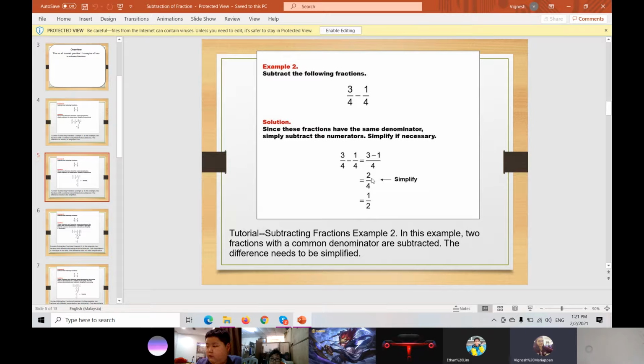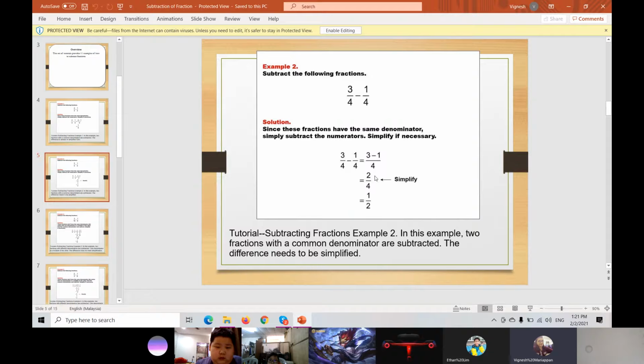Teacher said if the numerator you divide by 1, try writing on a piece of paper. If you divide the 2 by 1, you will get the answer 2, correct? If you divide the 4 by 1, you will also get the same, 2 over 4. So no point, correct? After 1, you have to choose 2.